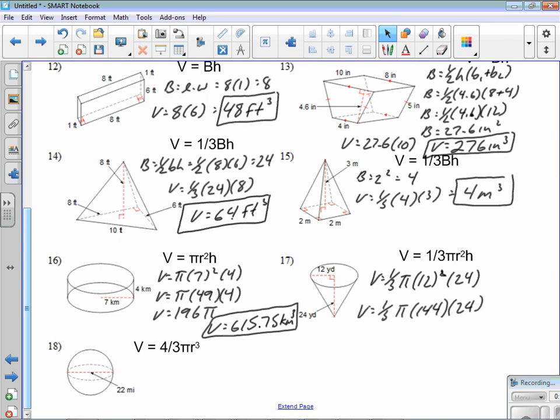Multiply all that out. So it's 1152 pi times pi is going to give us 3619.11 yards cubed.